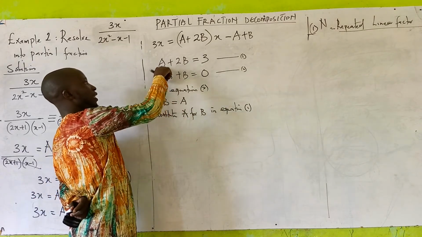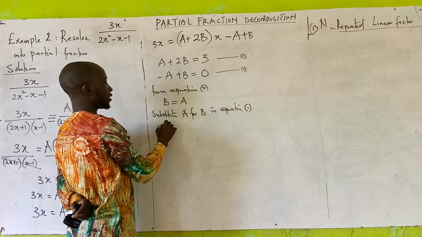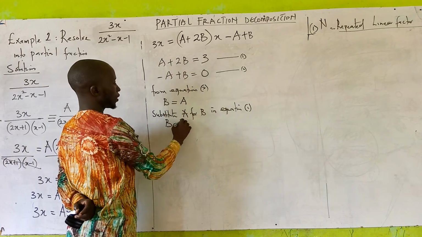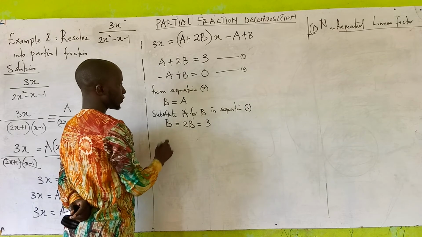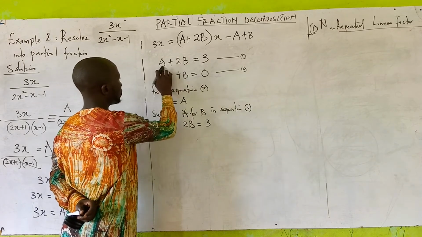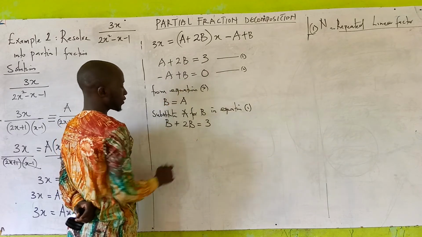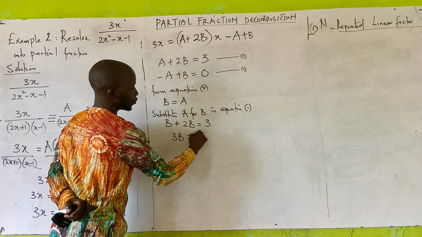Instead of writing a, we write b because b equals to a. So b plus 2b equals to 3. b plus 2b will give us 3b equals to 3.